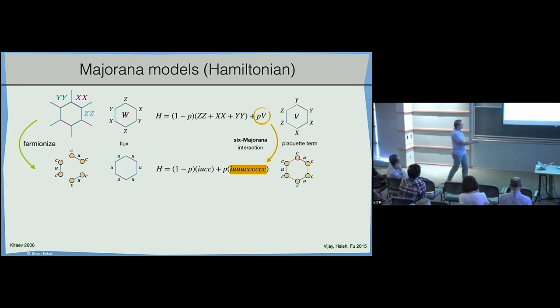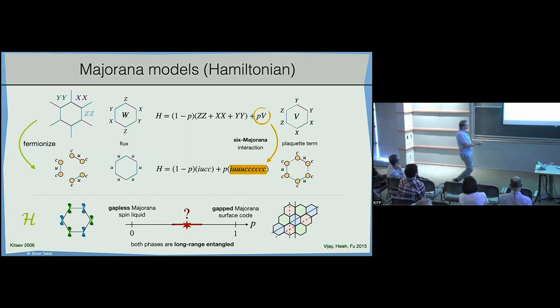And now this term that we add, this plaquette term, ZZXXYY, is different from the flux term, but commutes with the flux term, though it anti-commutes with these pairwise interactions. If you Majorana-rize it, it is a 6 Majorana interaction term. So that's interesting. And what does that term do?